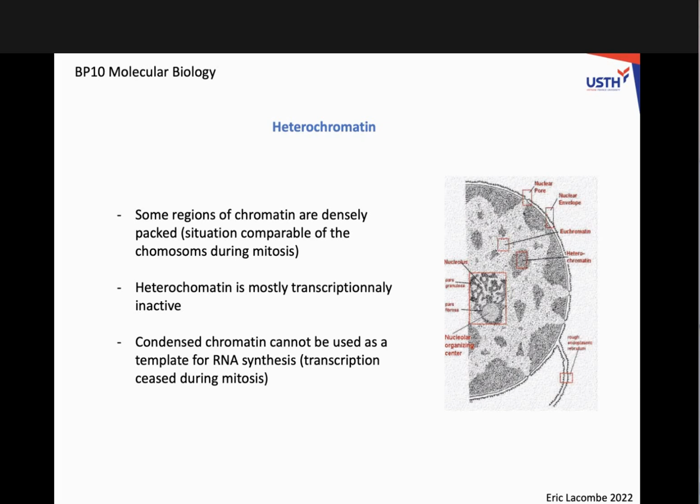So, the result of the compaction: in order to have transcription of one gene, you need to have all the promoter sequence accessible to RNA polymerase II, transcription factors, and so on. But when the DNA is completely packed in heterochromatin, RNA polymerase II and the transcription factors cannot find their sites.